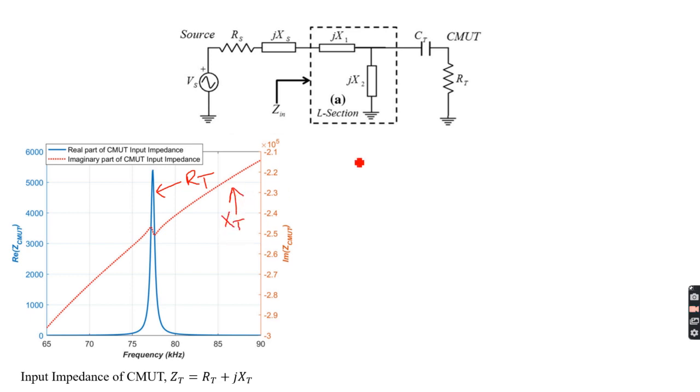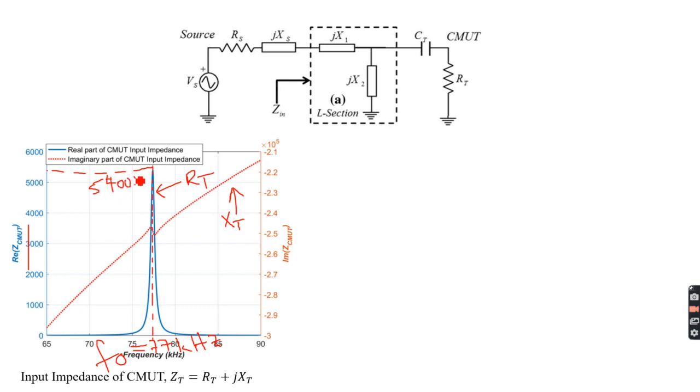Now my job is, since I'm interested in maximizing the power transfer at resonance, to look at the frequency at which the frequency response is maximum, and that happens to be around 77 kilohertz. So I note down the resonance frequency. That's my operating frequency, F naught, let's say 77 kilohertz, and at that frequency I'll look at the resistance. That's in blue, and you can see that the peak happens at about 5400 ohms.